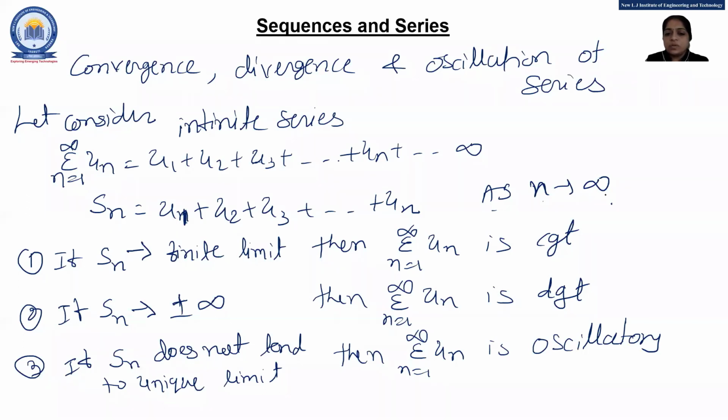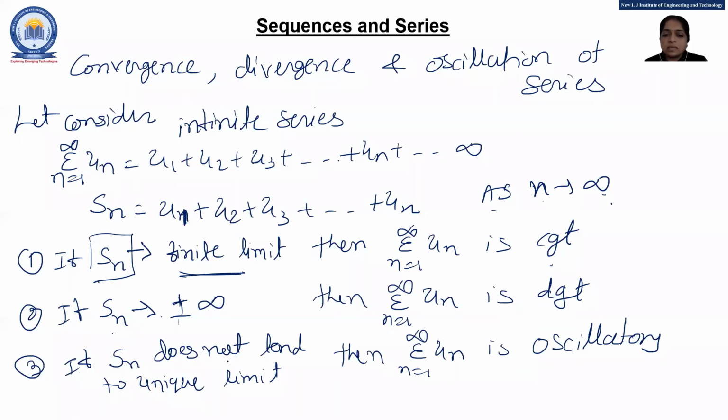When n tends to infinity, if the sum of the first n terms Sn has a finite limit, then our series is convergent. If Sn tends to plus infinity or minus infinity, listen carefully, then the series is divergent.